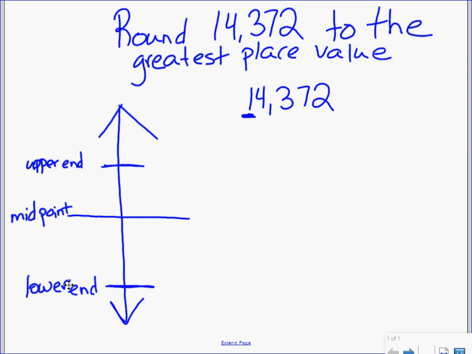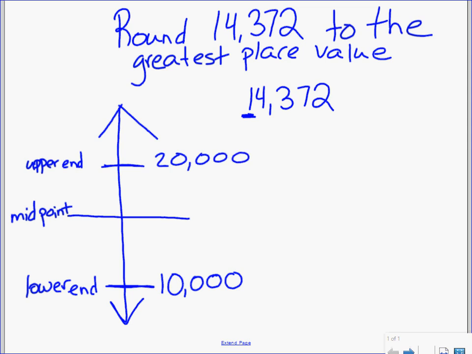So if I'm rounding 14,372 to the greatest place value, the closest 10,000 to 14,372 would be 10,000. That would be your low point. Then I would just add 10,000 to that to get my upper end, which would be 20,000.